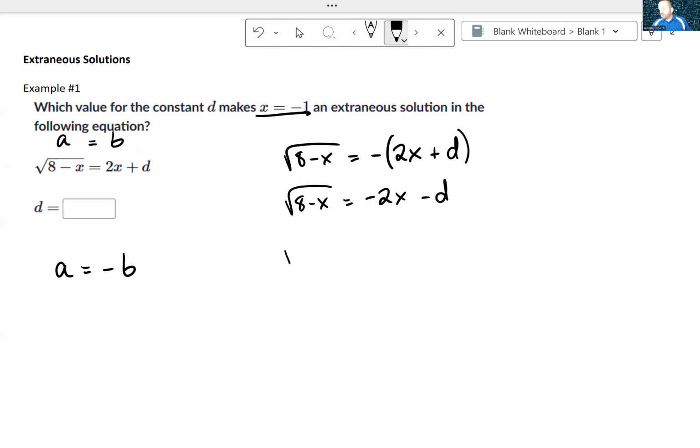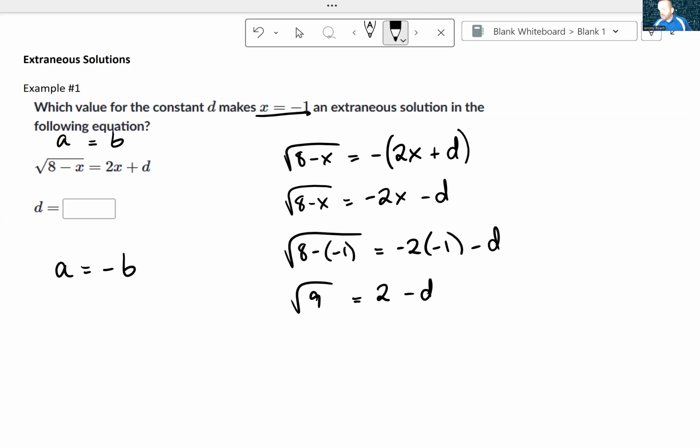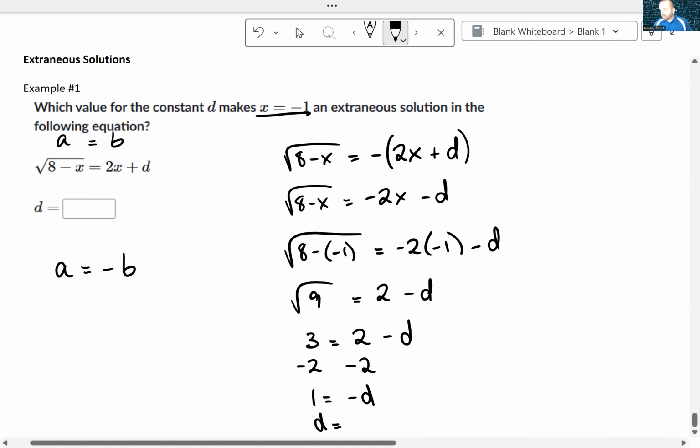So we plug in negative 1 for x, and minus D, and get the square root of 9 again equals 2 minus D. 3 equals 2 minus D. Minus 2 on both sides, and we get 1 equals negative D, or D equals negative 1. So when D equals negative 1, we get an extraneous solution for the equation.